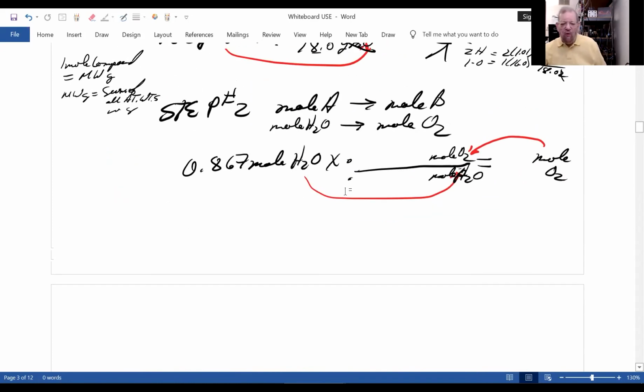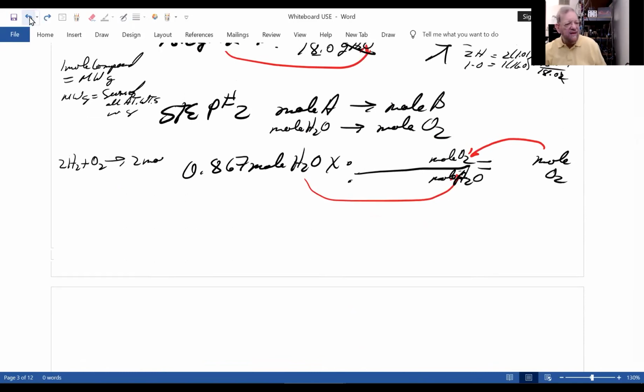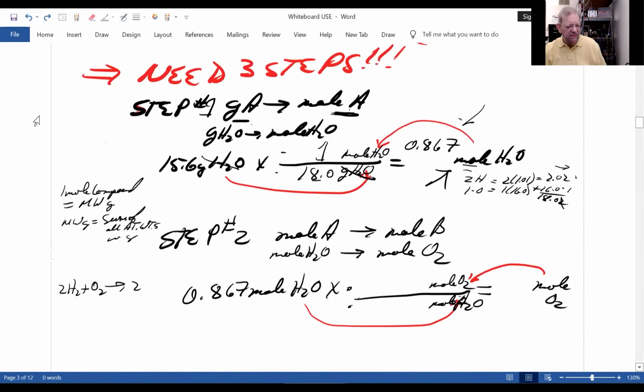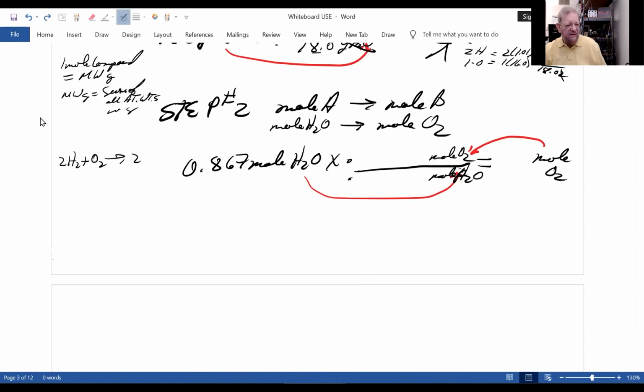Let me write it here. The balanced chemical equation tells me 1 mole, when there's no number, it's number 1, of oxygen makes 2 moles of water.